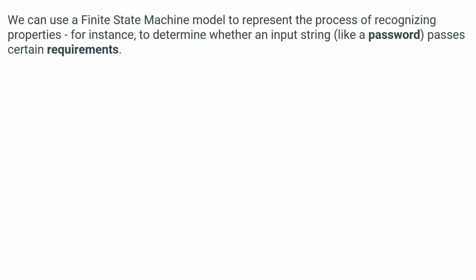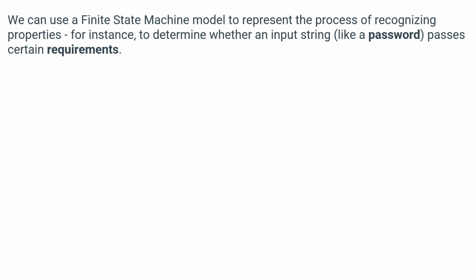We have one more example, and in this example we're going to show how we can use a finite state machine to represent some process where we're recognizing certain properties. So in this case, we're talking about an input string, so pretend maybe somebody's typed something into a computer.